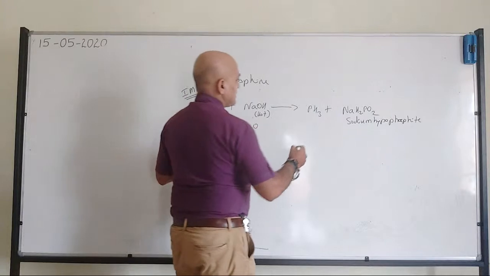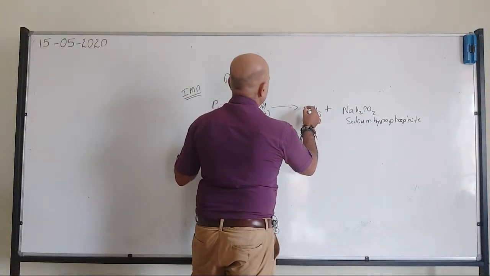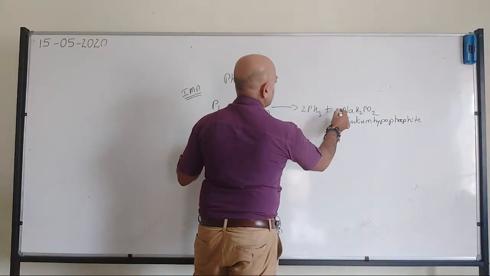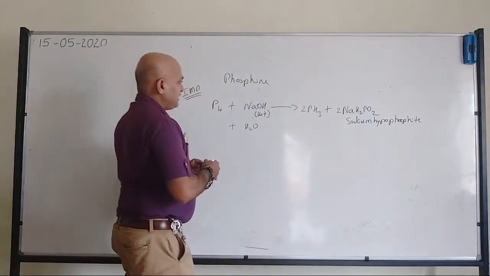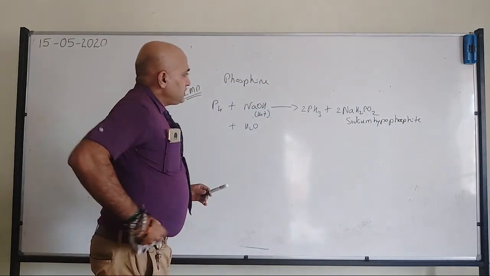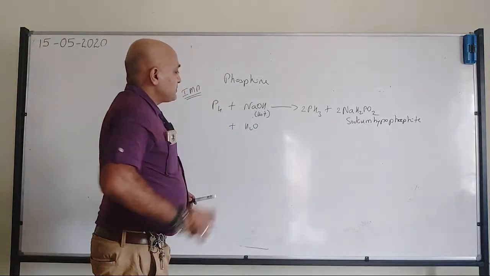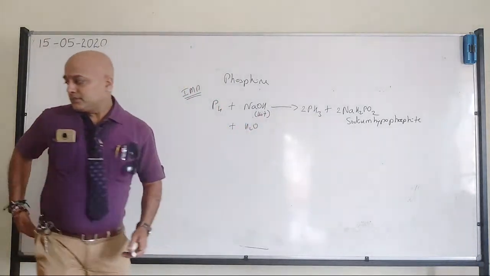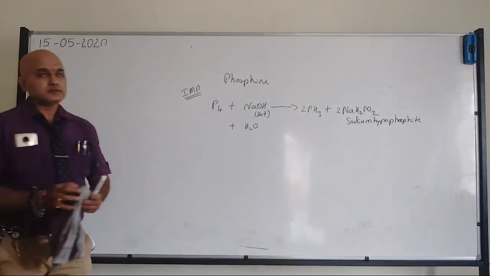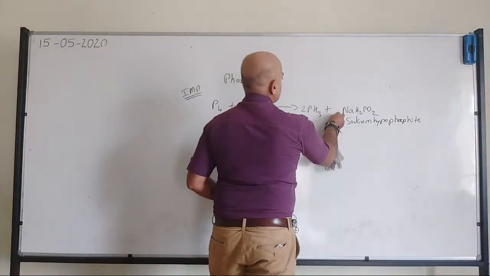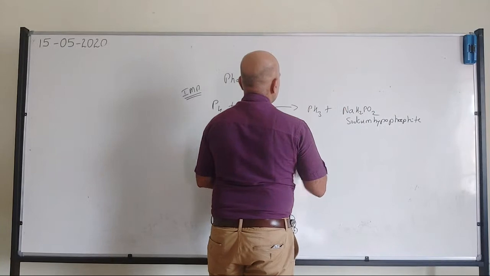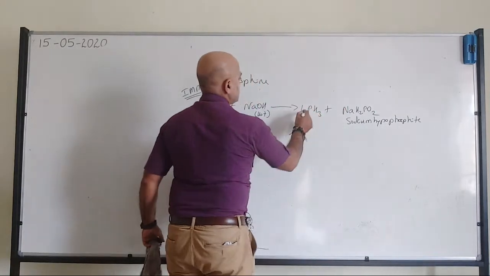So what we can do here is go with 2 and 2. We will see what will happen. Or I will try to avoid disturbing the sodium. We will try to make it 3 here only.